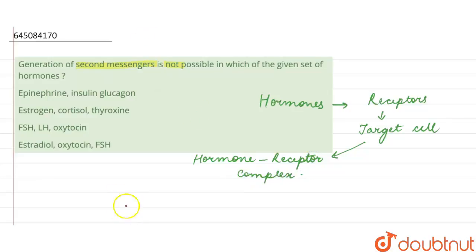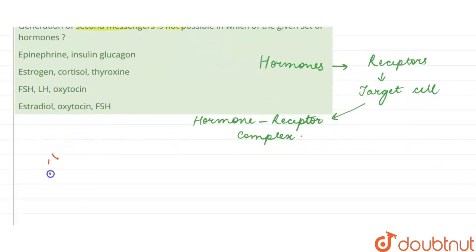Now receptors can be of two types on the target cell. One is the membrane bound receptor. In these membrane bound receptors, the receptors are present on the membrane of the target cell.